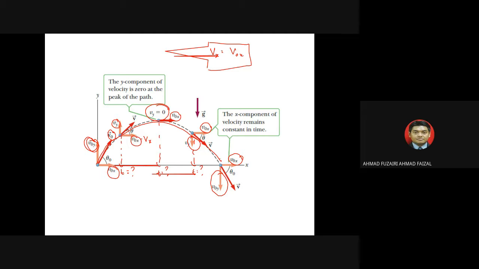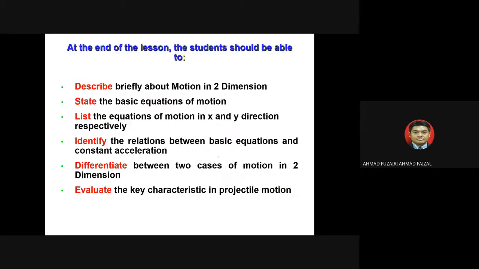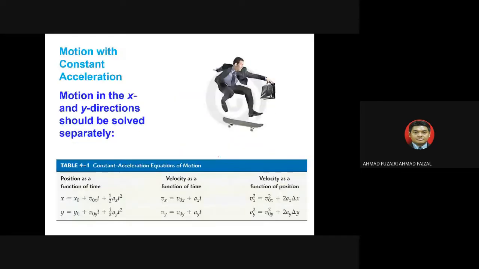So by using the equations from this, you establish the 6 equations that you remember. ay equals negative g and ax equals 0, where v naught x is v naught cos theta and v naught y is v naught sine theta.